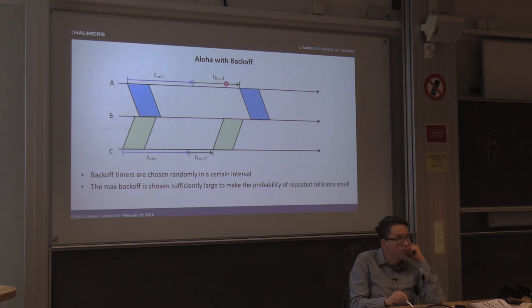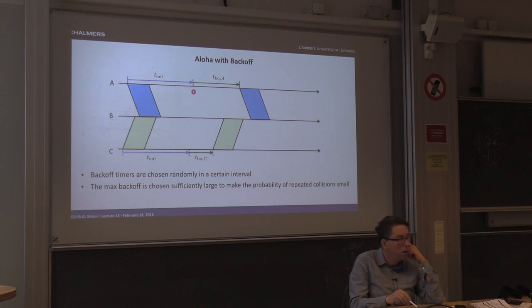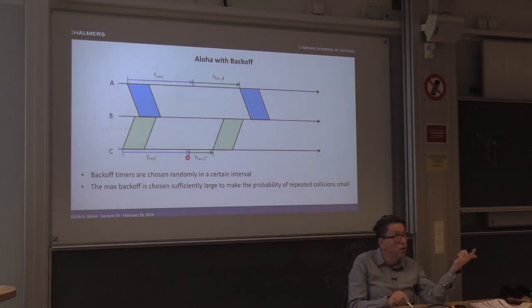So here's the backoff time for A, and here's the backoff time for C. And this backoff time is randomly selected each time a timeout timer expires. So A, at this point, is drawing a random number from its random number generator that specifies how long it should wait. C, at this point in time, draws another random number from its random number generator and waits another time.